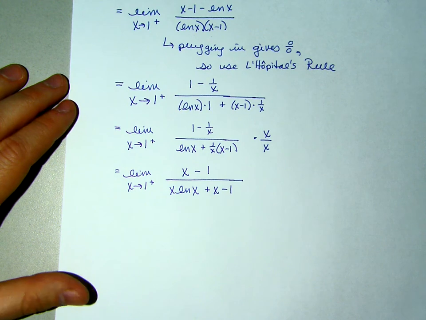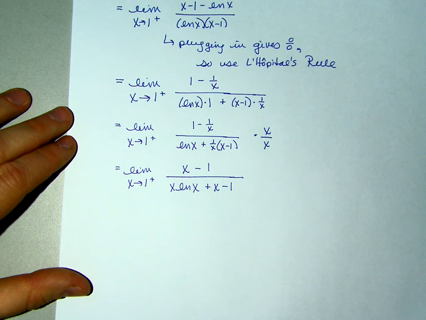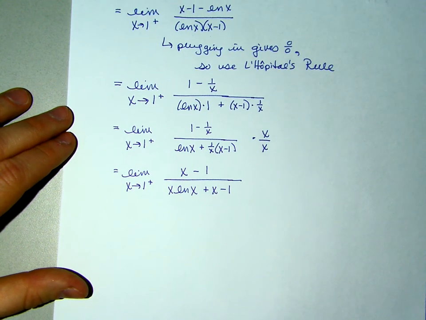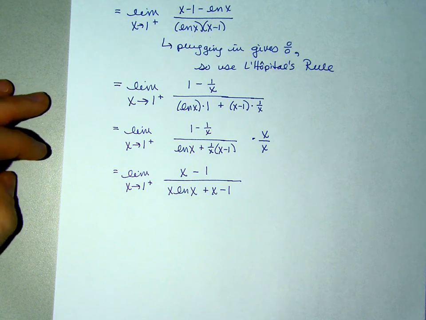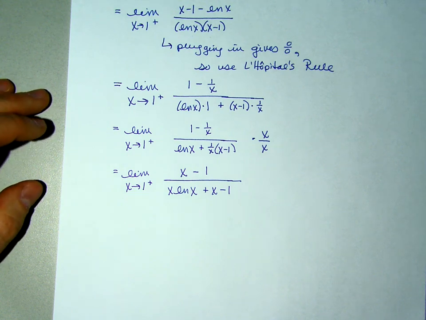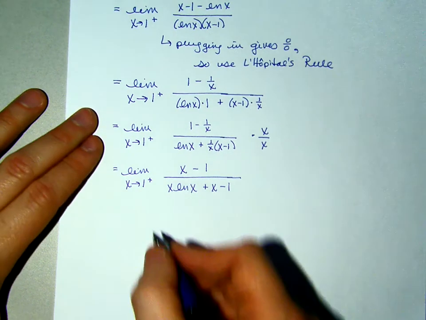Plug into that. 0 over 0, but yeah, I can do the derivative of this. I can use L'Hopital's rule. Plug in, you'll get 0 over 0, use L'Hopital's rule again. This should be the last time you have to do this in this problem.